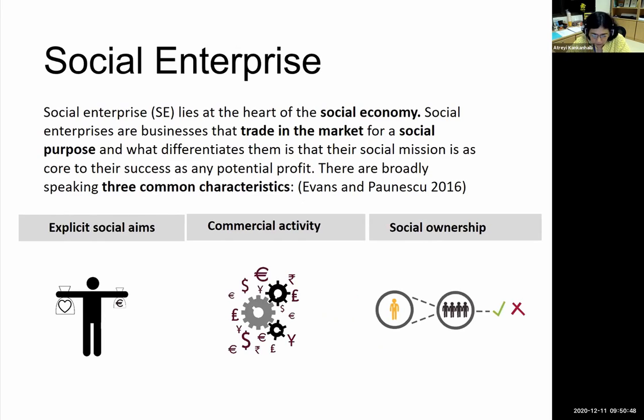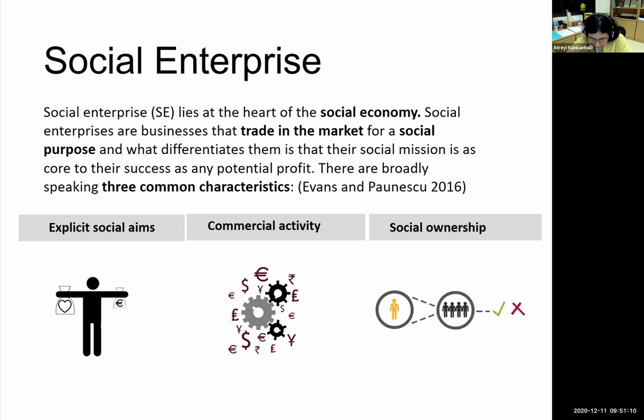So that's then moving on to a definition of social enterprise. This is one of the formal definitions. There are three common characteristics. One is this idea of an explicit social purpose. So social activities are not incidental for a social enterprise. It's not like the CSR effort of a normal corporation.